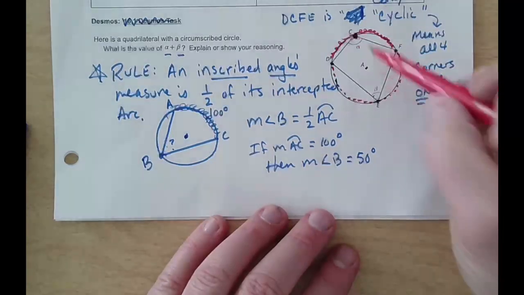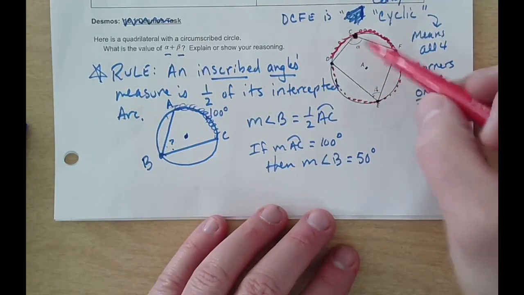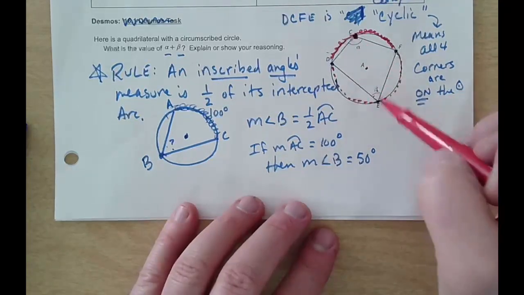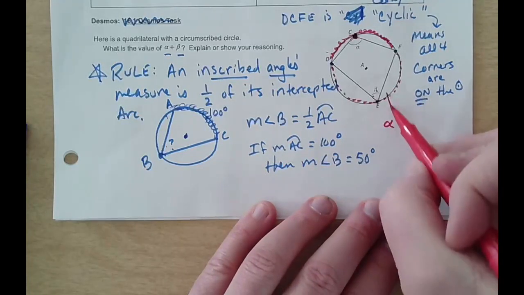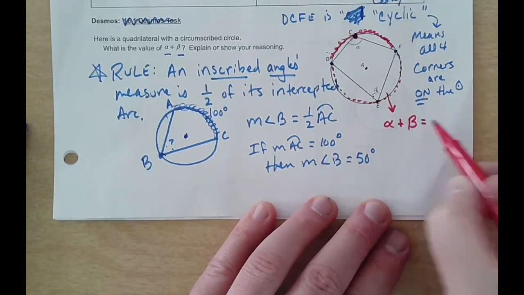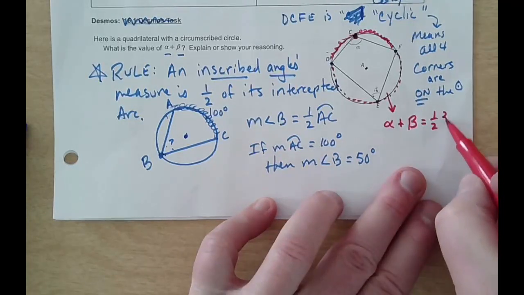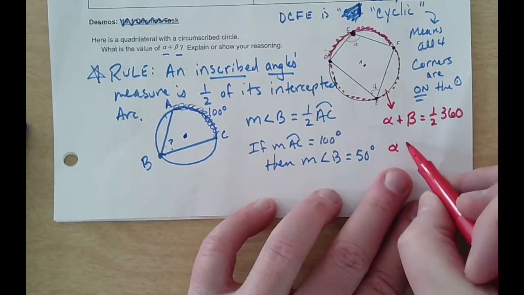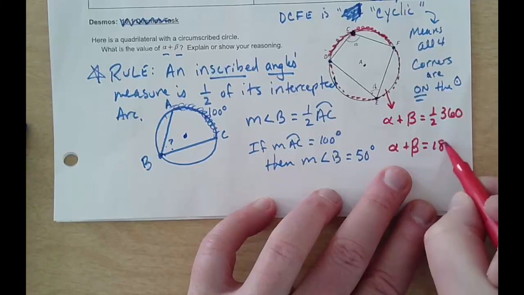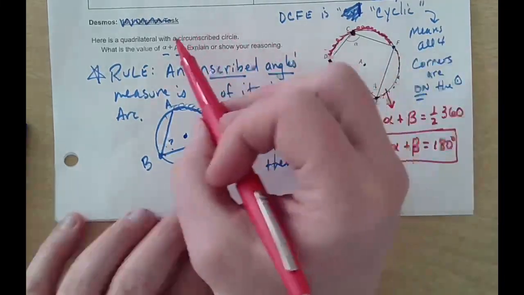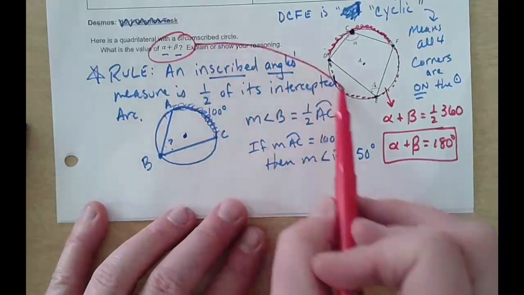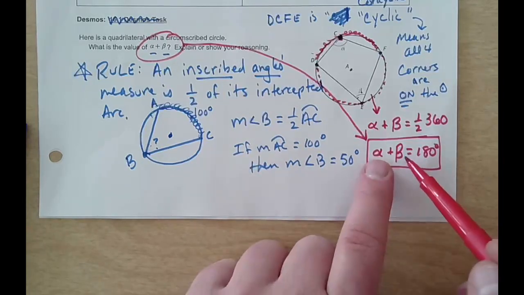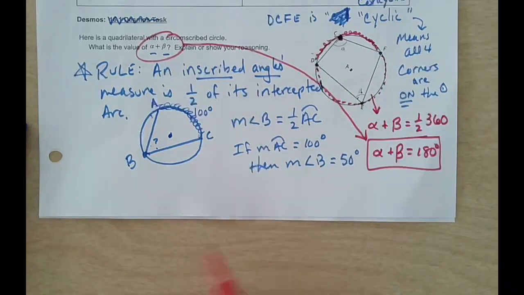I don't know how much each one is, I'd have to know a number, but I know the total is 360, and if I take half, then alpha plus beta would equal 1/2 of 360, which is 180 degrees. The trick is you never figure out how much is alpha and how much is beta, but you know that added together, they have to be half of the entire circle.